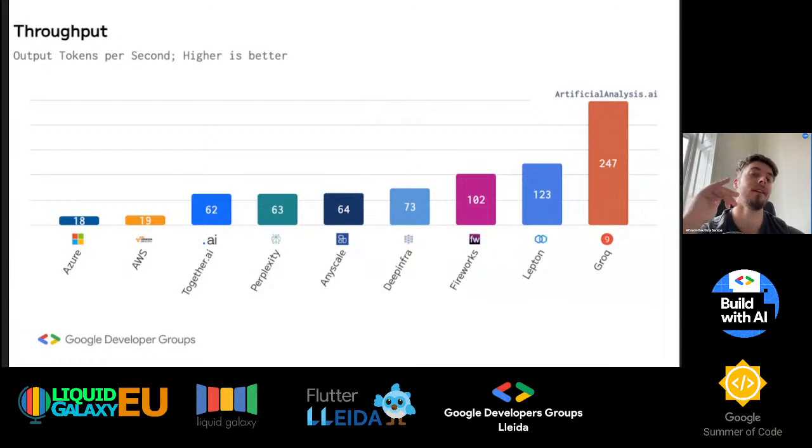It's quicker than everyone. There's a chart here where you can see the tokens per second, which is more or less like words per second. And you can see that Groq, in this case, is the most powerful one, the quickest one. If you want to use Gemma in your app and you are looking for a provider to use this model, Groq is a very good option.